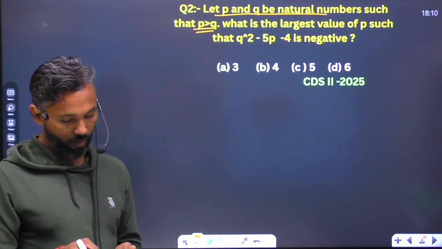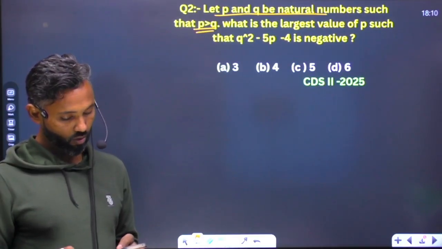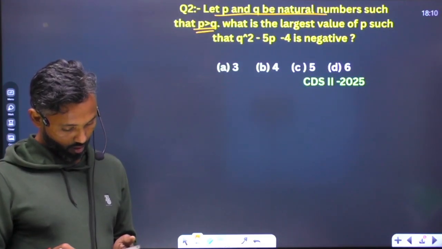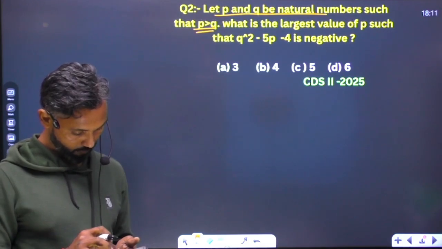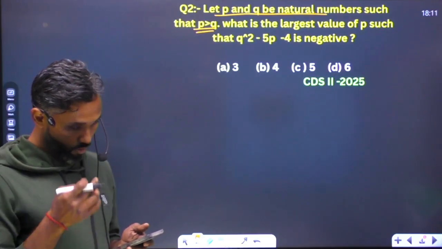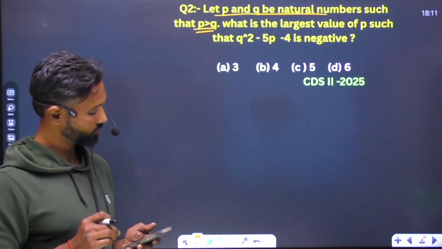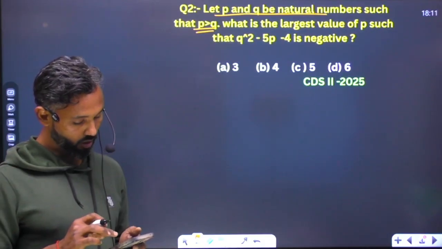I have the entire paper downloaded on my phone, so I'm checking whether the question is correct or not. I'm guessing that it has a little mistake. It might be q greater than p. I have to check only that.